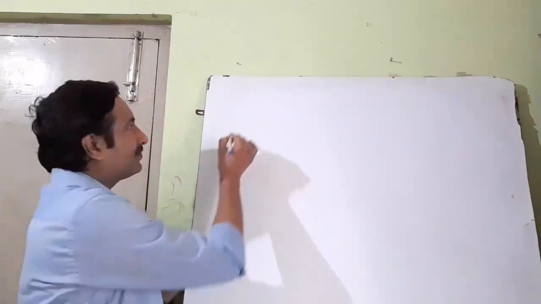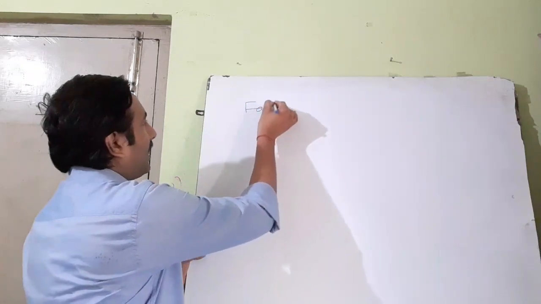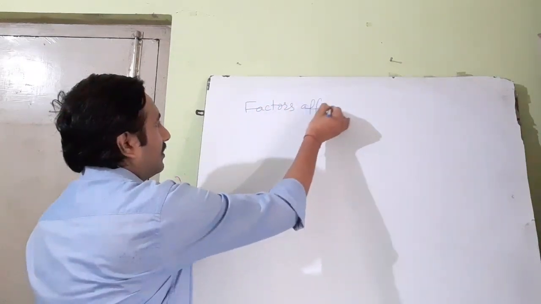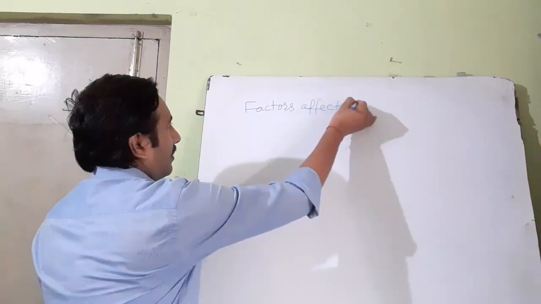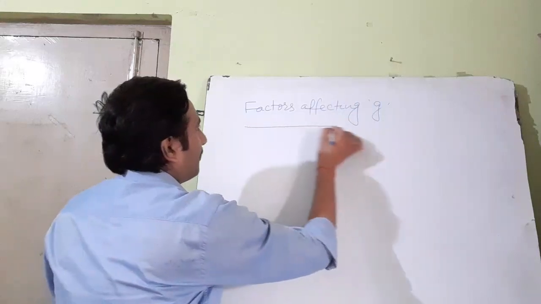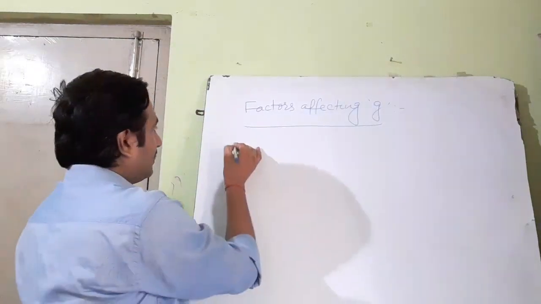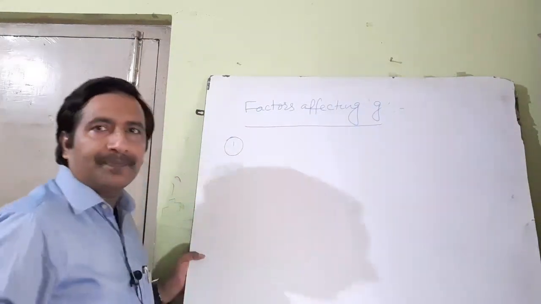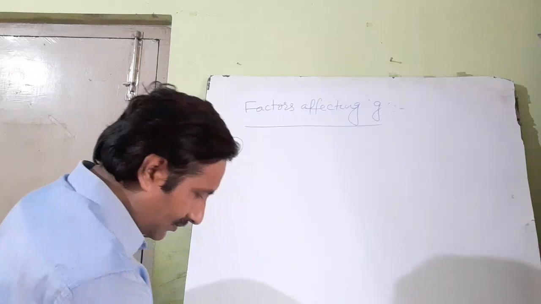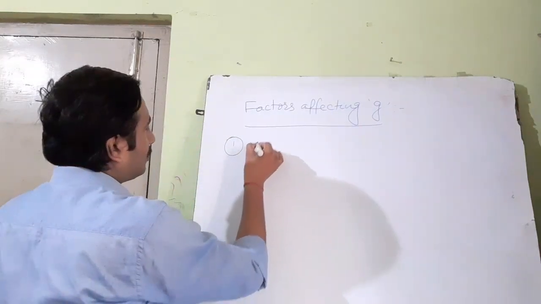First, factors affecting acceleration due to gravity. Okay, first factor is altitude.